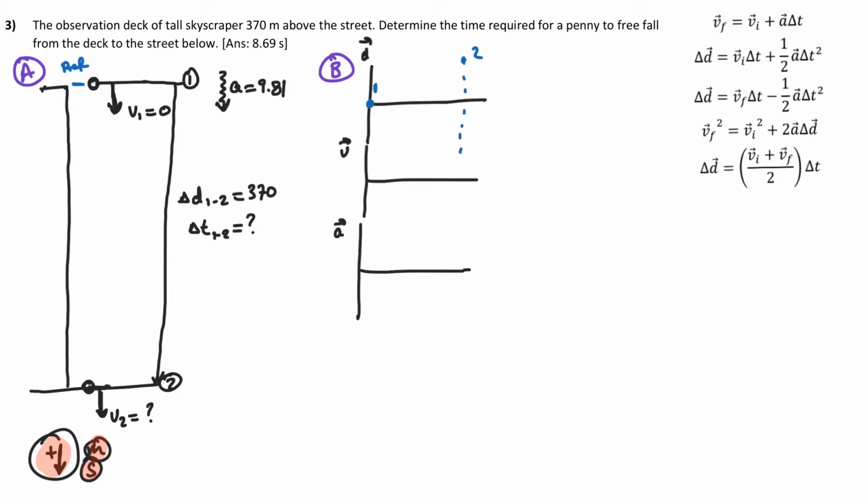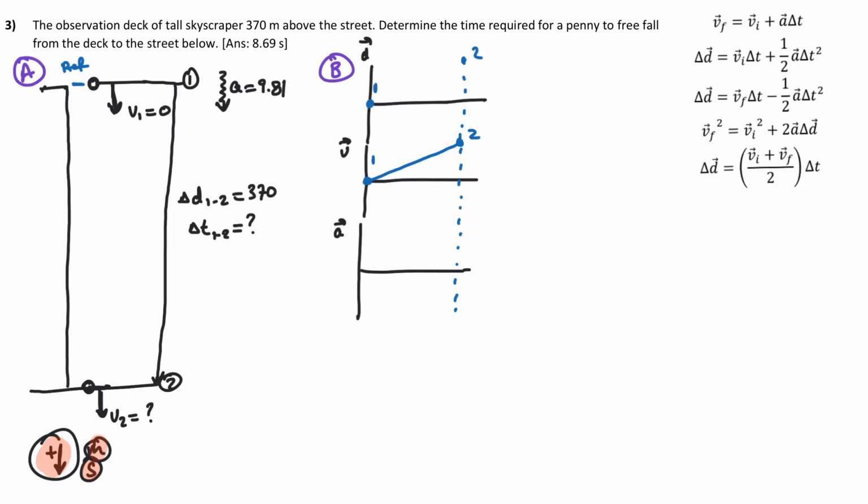And let's put a dotted line so we can draw all the other information. For the velocity, we start at velocity of 0, and eventually we're going to have a velocity in the downward direction, and that's positive in the downward direction. So we're going to land somewhere here. That's stage 1, stage 2. We're going to connect that using a straight line because we're assuming it's constant acceleration.